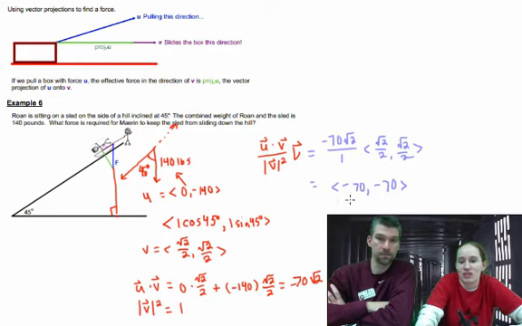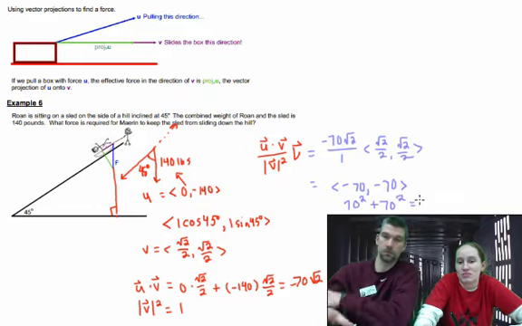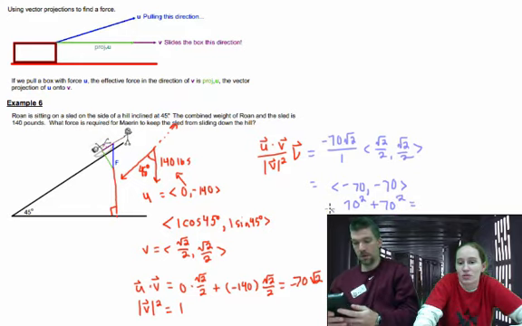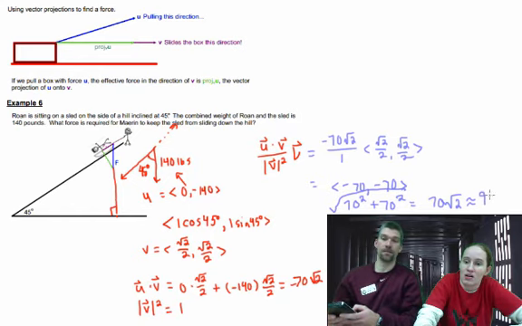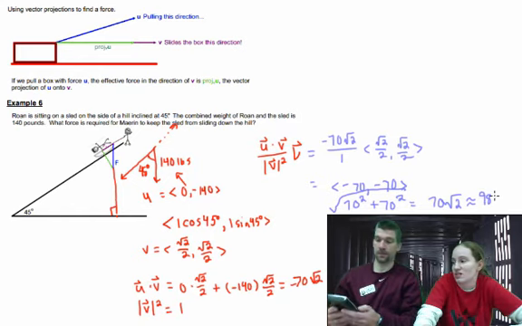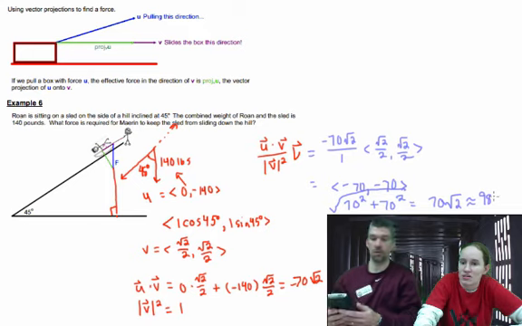And so 70 squared plus 70 squared is 9,800. But I haven't square rooted it yet.